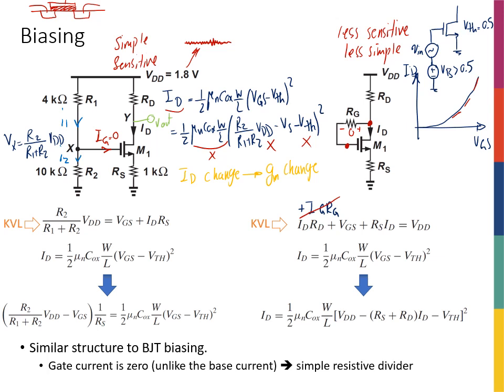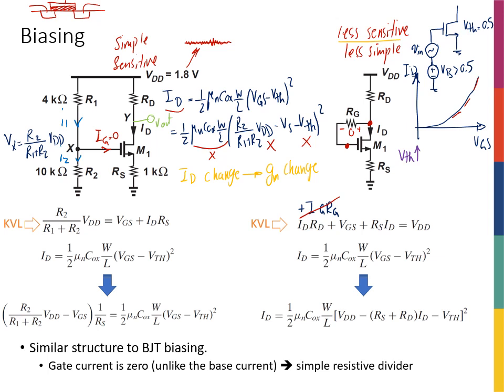The good thing about this is being insensitive, or less sensitive, right? Why is it less sensitive? Let's say that for some reason, threshold voltage goes up. Let's say temperature changed and the threshold voltage went up, right? I can do the same exercise with VDD or other physical parameters, but let's just look at VTH for now.